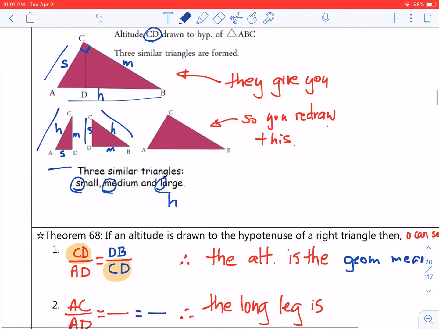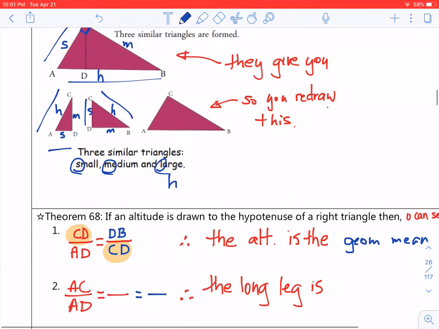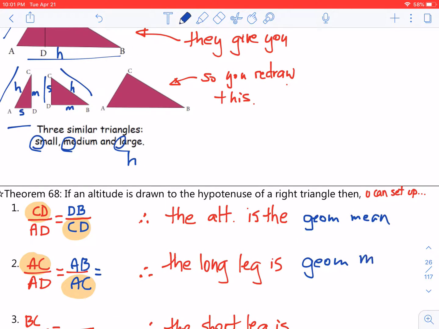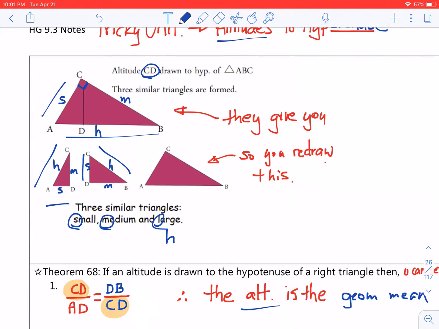And instead I'm going to use the large triangle and go with AB and AC. Notice when we do it this way, we get that clever little AC showing up in both spots. Therefore, the long leg is the geometric mean. And by the long leg and the altitude here, we mean of the original triangle.